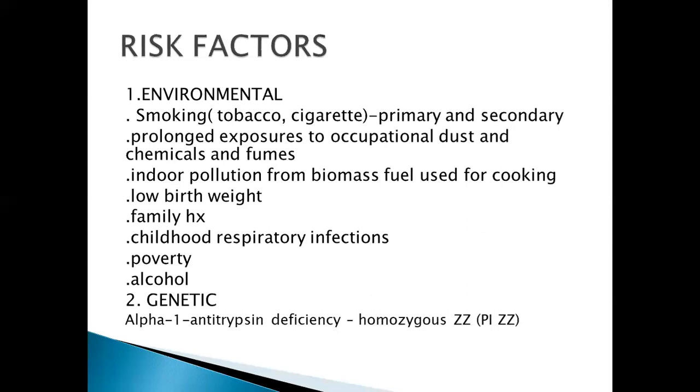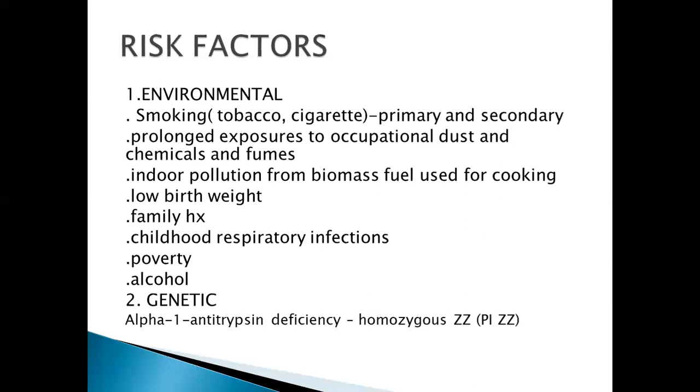The M allele is the normal one, which means that the person has sufficient levels of antitrypsin in the system. Then you have the S, where there's a mild decrease, and then the Z, where there's a marked decrease in the alpha-1 antitrypsin protein. Then we have the null allele, where there's a total absence of the alpha-1 antitrypsin.